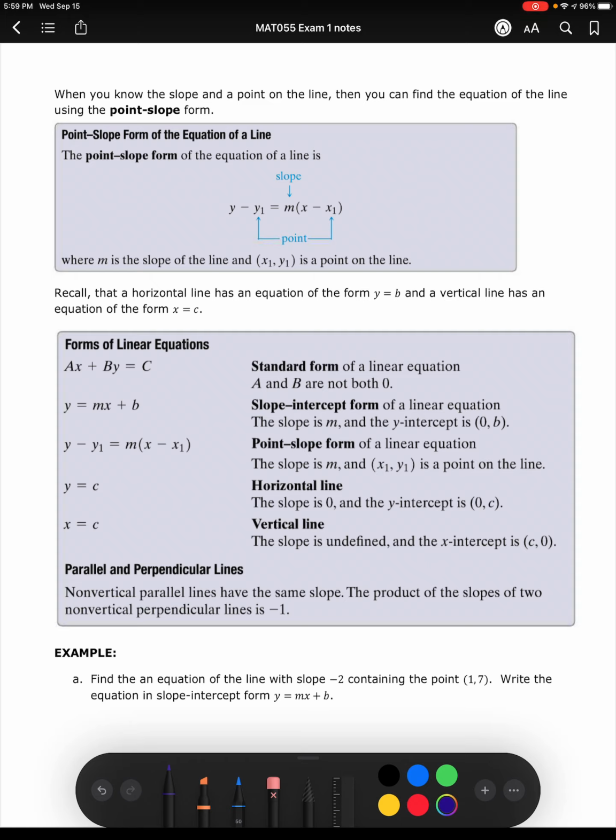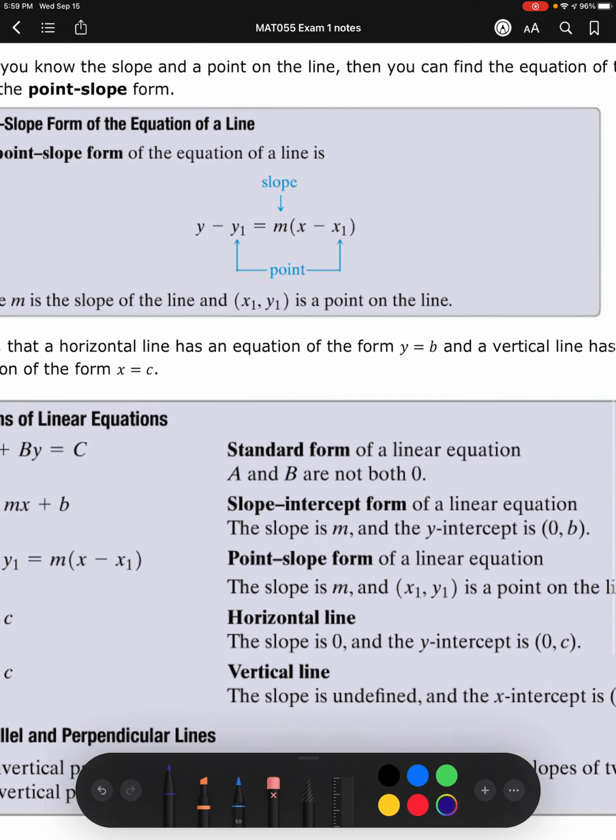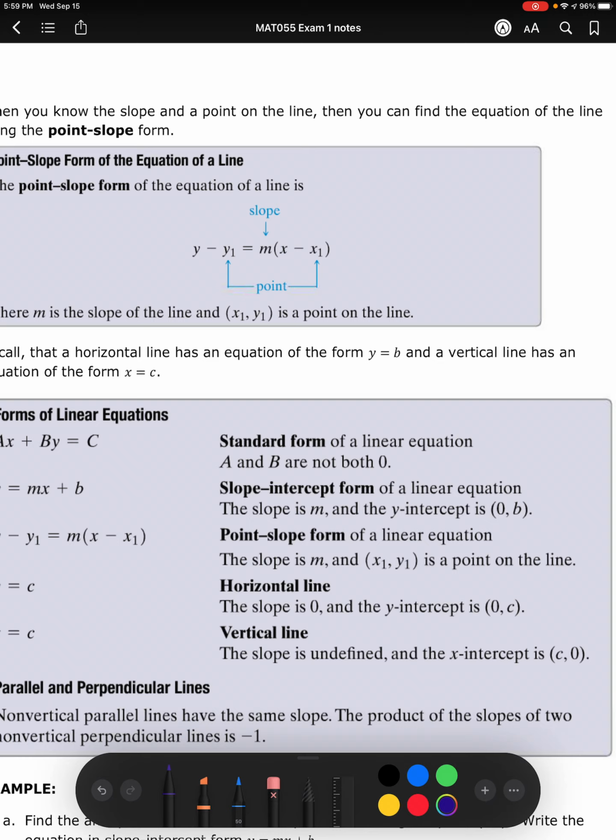The next case would be when you don't know what the slope is because you're given 2 points instead of the point and the slope. So one option is to use this point-slope form of the equation to help you with these, and you can see that it's just a manipulation of the slope formula.